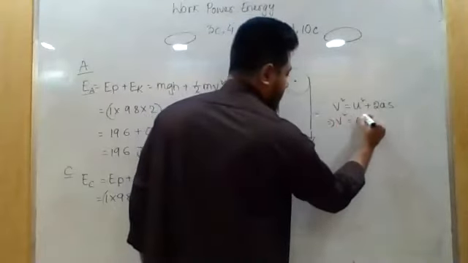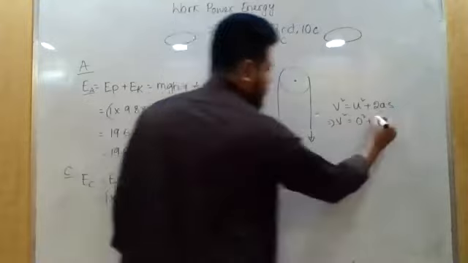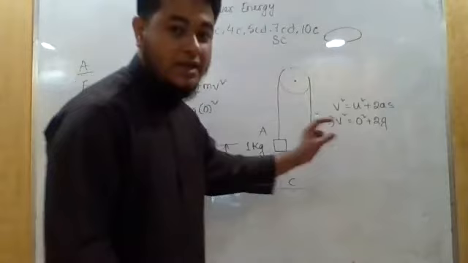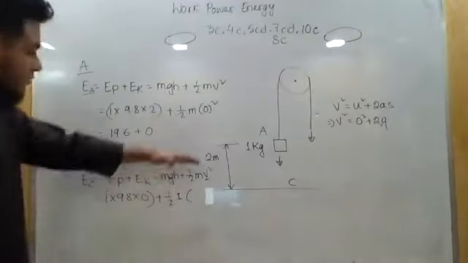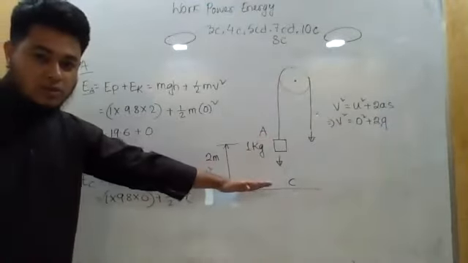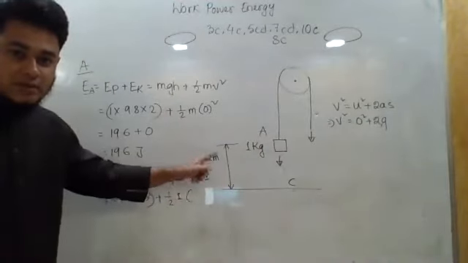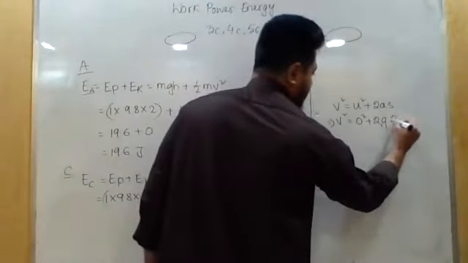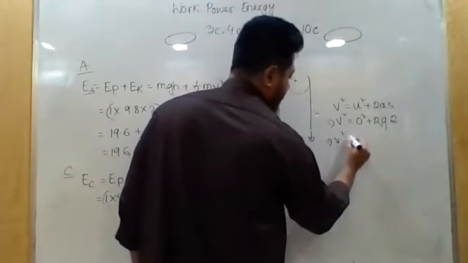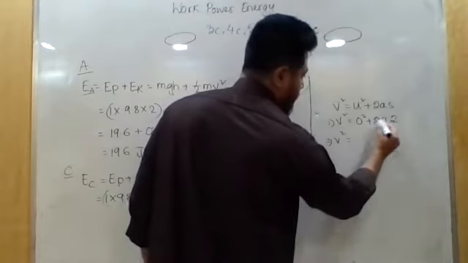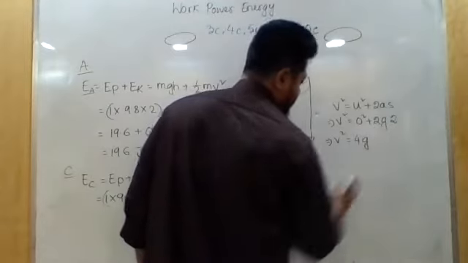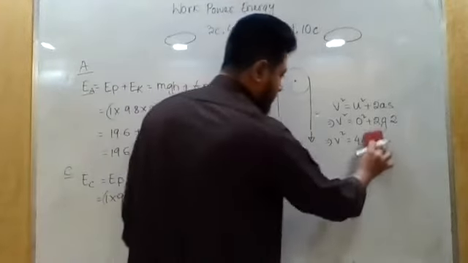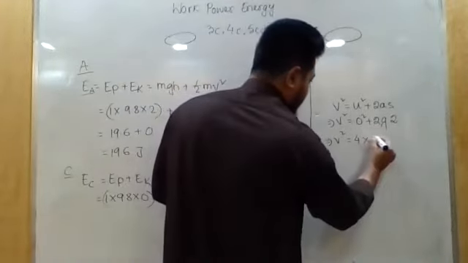The initial velocity is 0, so 0 square plus 2 into, for a falling body, acceleration is the acceleration due to gravity, and s is the covered distance. Previously it was here, now the body is here. What is the distance it has covered? 2 meters, so we put it as 2. So v square will be 2 into 2, 4g. We can replace the value of g, that is 9.8.